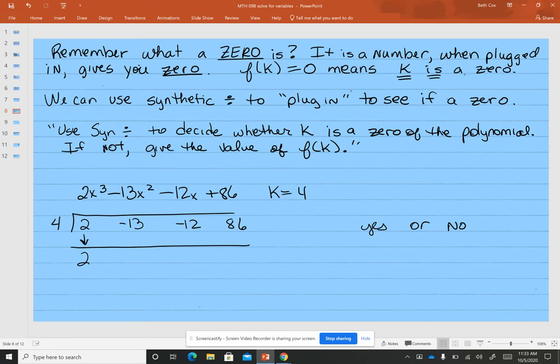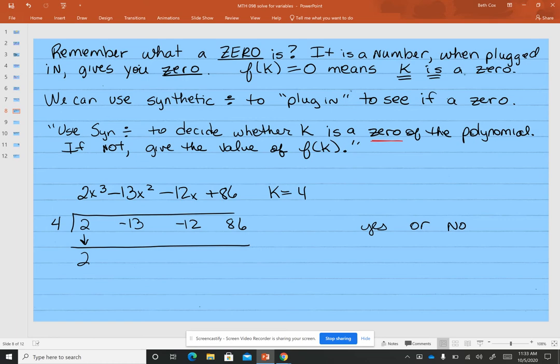If you just plug in and get a 0, you're still going to have to divide. So you might as well just do the division. Okay, so here we are. We're going to decide if a number is in fact a 0 of the polynomial based on our synthetic division. So yes, you can plug in 4, but you'll have more information if you do synthetic division.